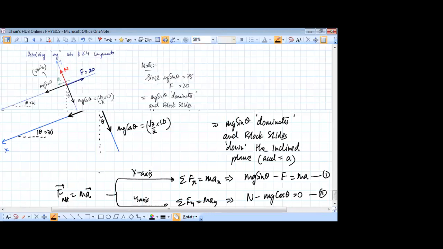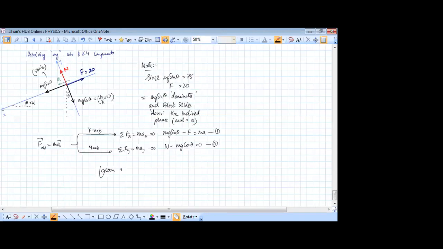From equation 1, you can see that the acceleration will become mg sin theta minus f divided by m, which will be 50 into half, that's your mg sin theta, minus 20 newtons divided by the mass, which was 5 kg. So you get an acceleration of 1 meter per second square.